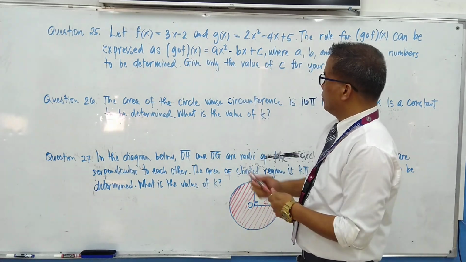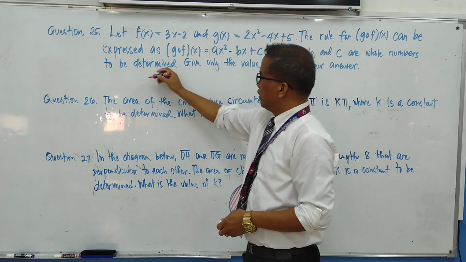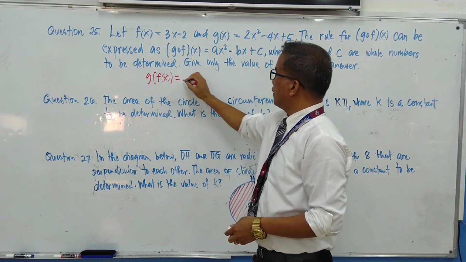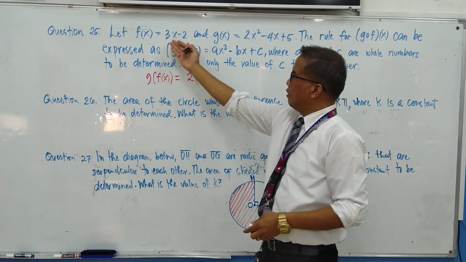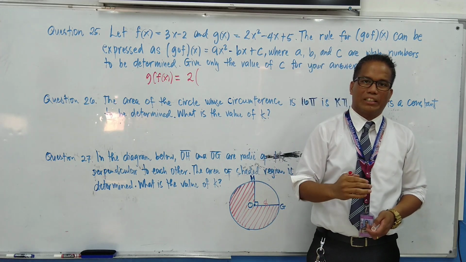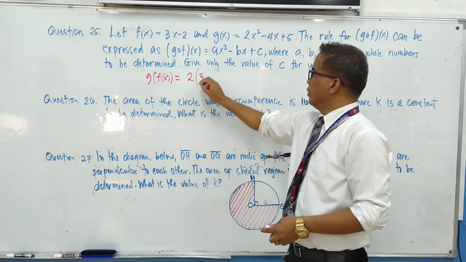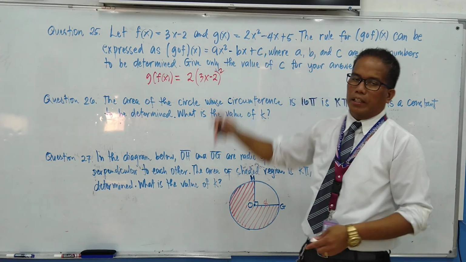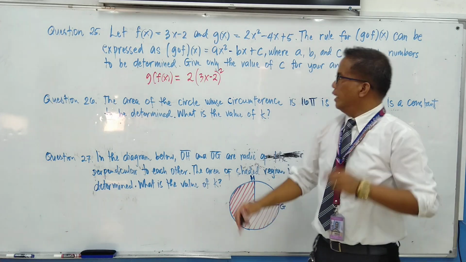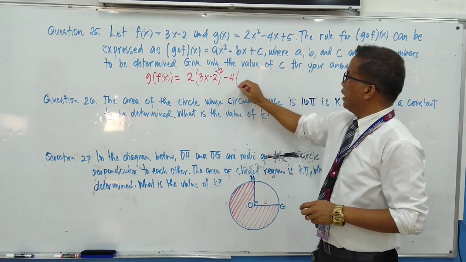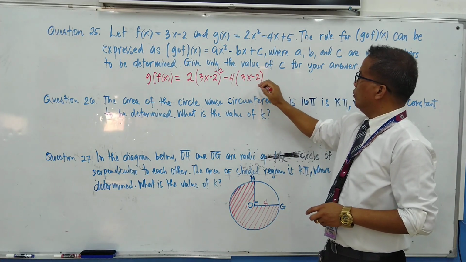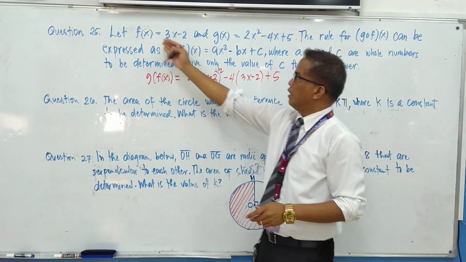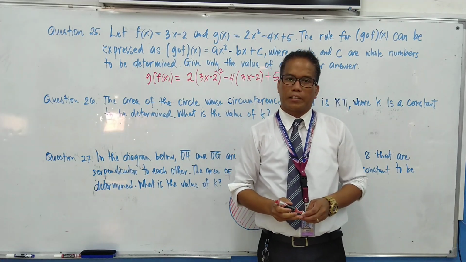Now, to start this solution, we can write g of f of x equals 2 times, we will use 3x minus 2, raised to the second power, and then minus 4 times 3x minus 2 plus 5. By the way, guys, 3x minus 2 is the value of f of x.